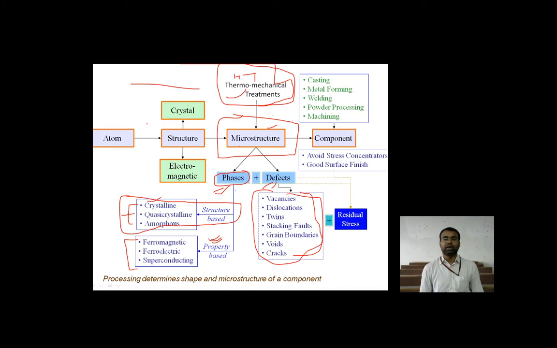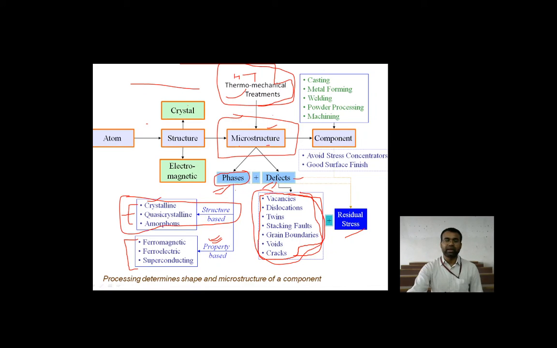As you can see, the residual stresses are also shown here. Residual stresses arise because of the introduction of defects in the structure, and those defects affect the arrangement at the atomic level.